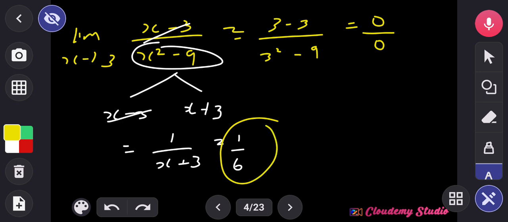So L'Hopital rule is just simply telling us that instead of using some other methods, we can actually use the differentiation method in getting our answer. You understand? Let us look at another example.